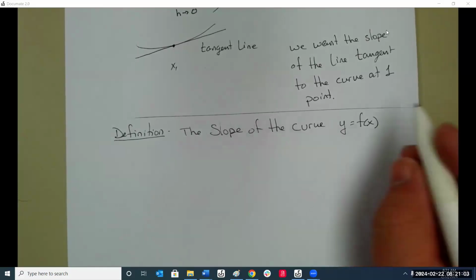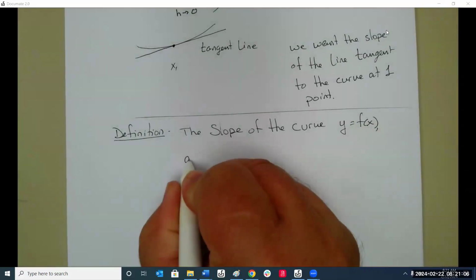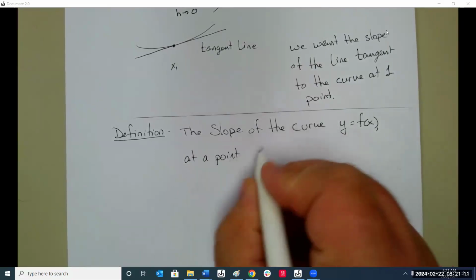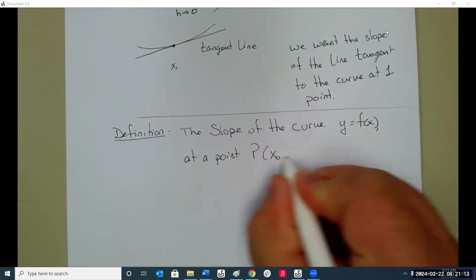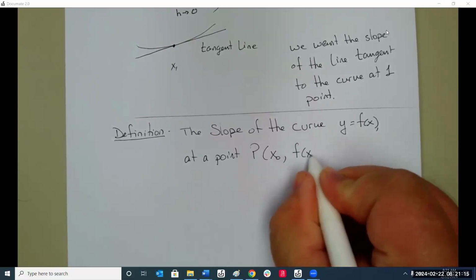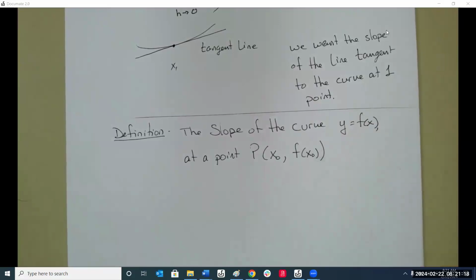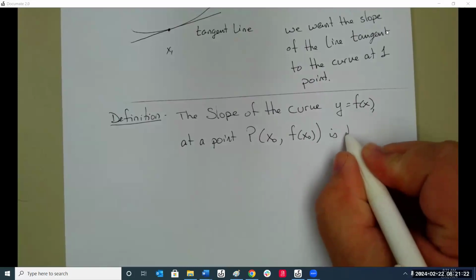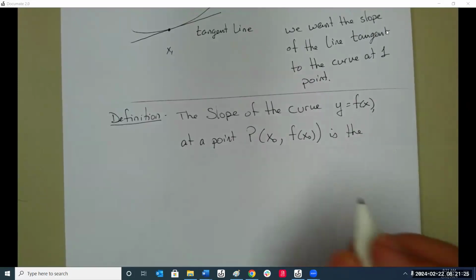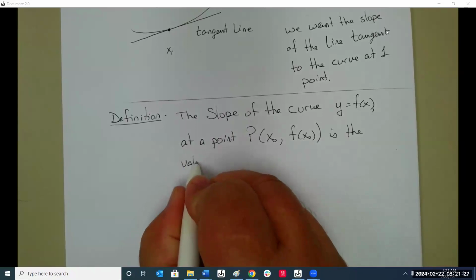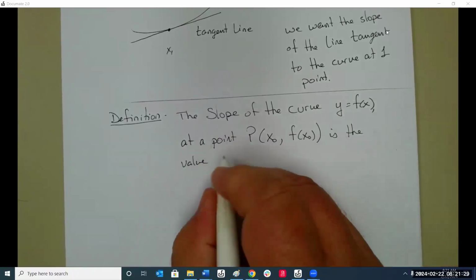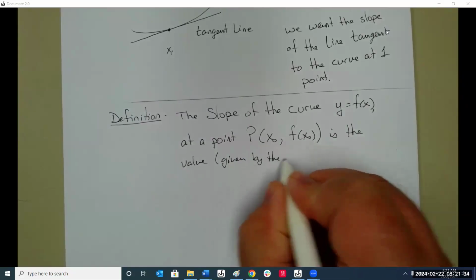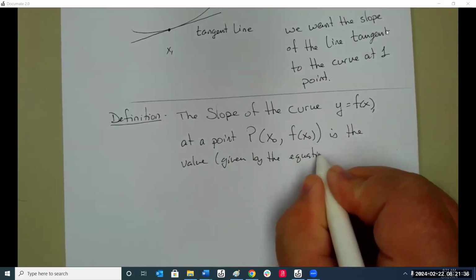Slope of the curve f of x at a point, let's call that point x sub 0, f of x sub 0, is given by the value given by the equation.